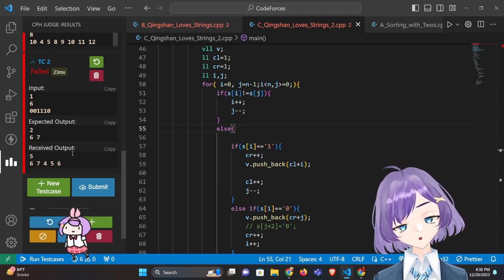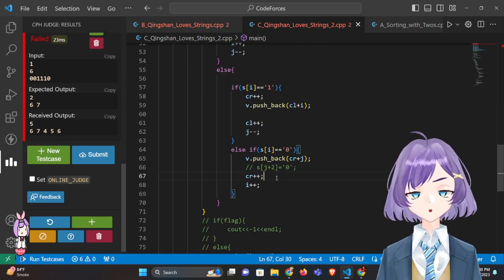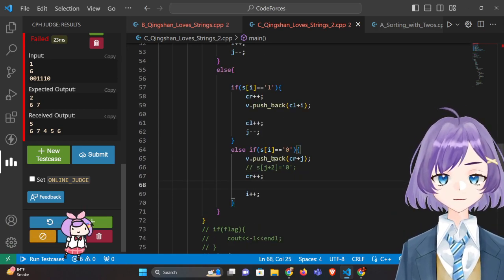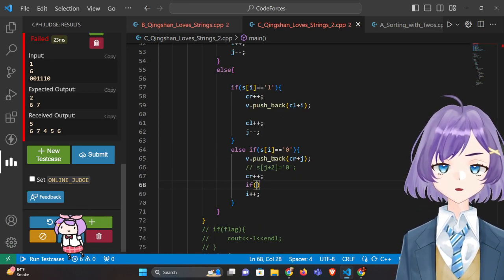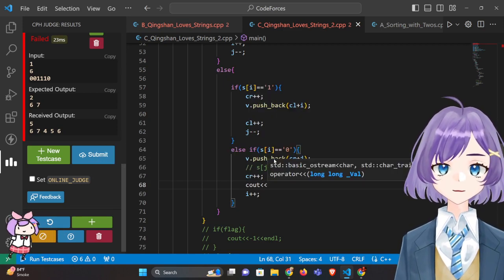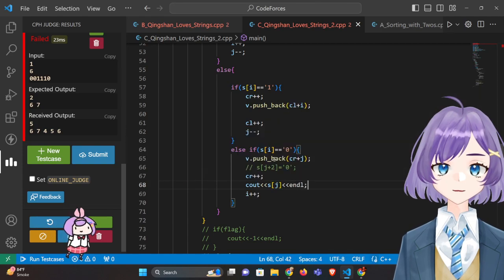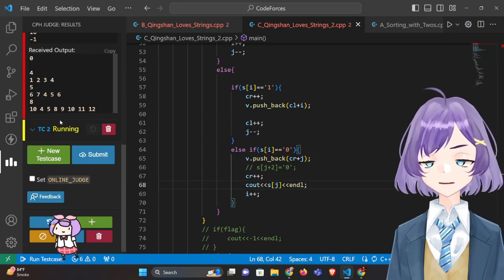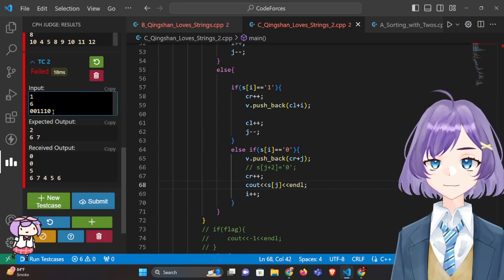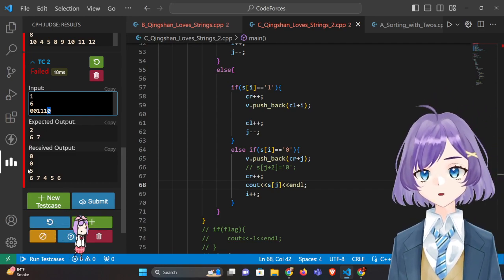The 1, 1, 1, 0, 0. See how S of C and then 0 and 0.